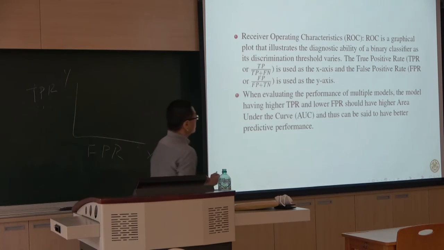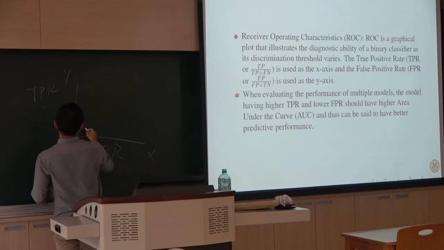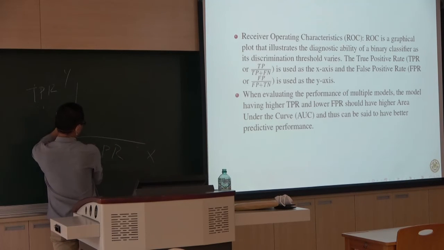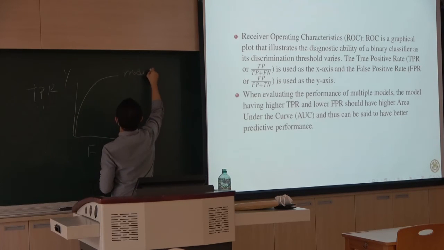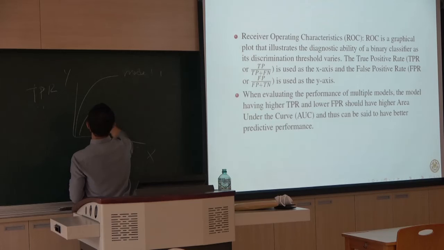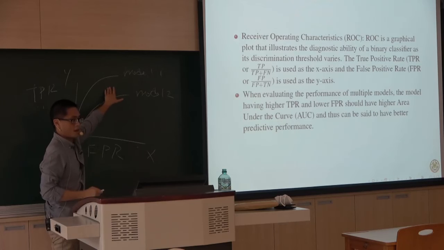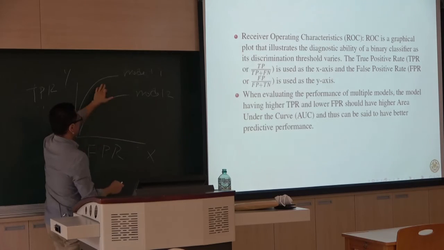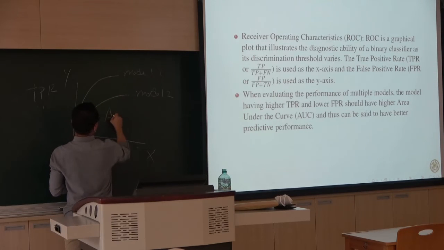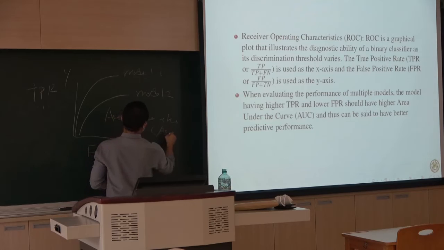If the model has a higher true positive rate and lower false positive rate, say model 1 versus model 2, model 1 is said to have higher predictive performance than model 2 because it has a higher area under the curve, AUC.